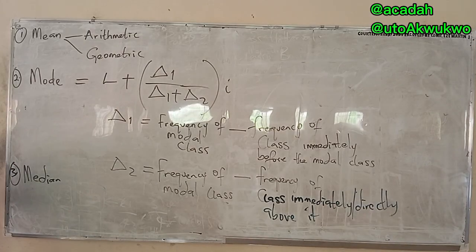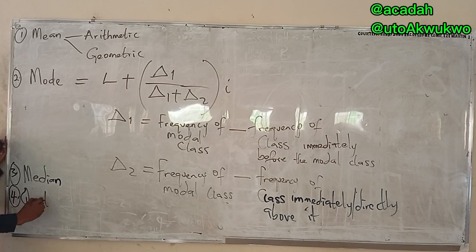Then the fourth type of location is what we call quartiles. Now, there's another one which we call interquartile range and semi-quartile range. I don't want to put it under location because they fall under measures of dispersion. Anything that involves me doing minus falls under dispersion. Note it. But I want to put it here to explain because it talks about me dividing quartile into 2.